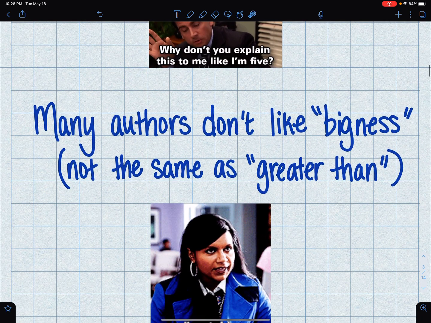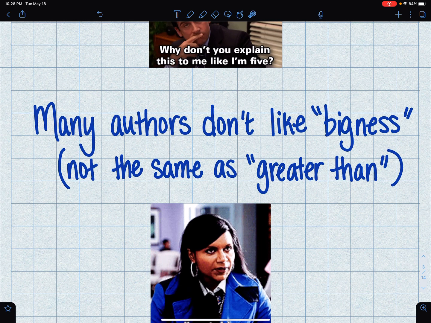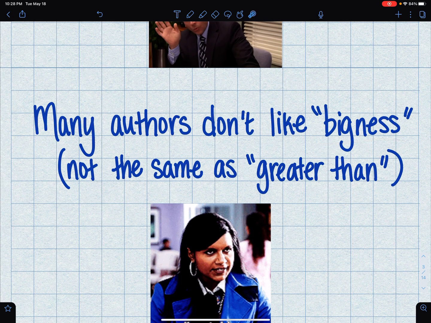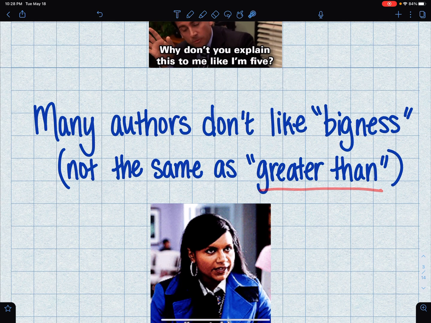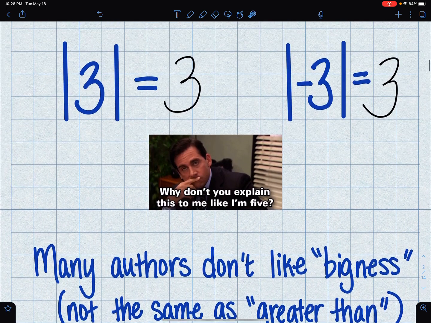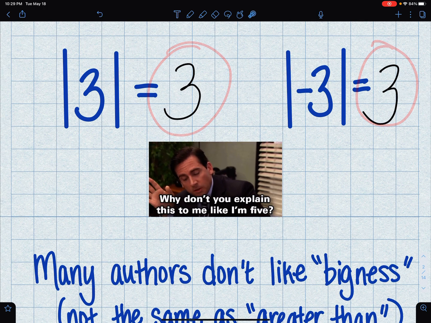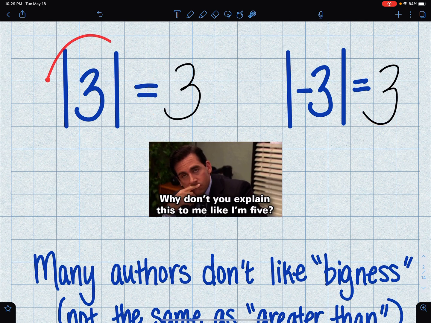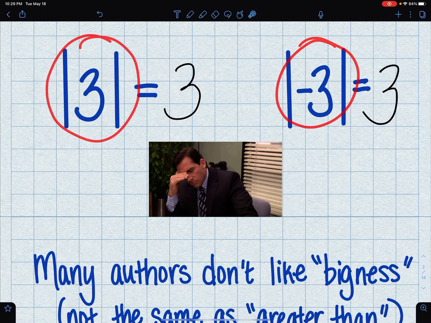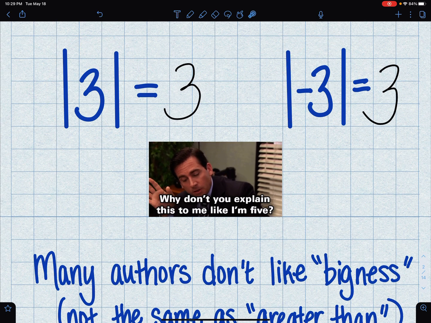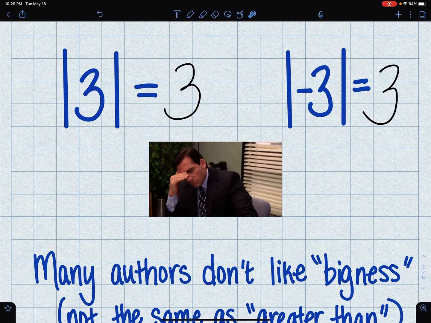They make the point that some authors don't really like that term, the bigness or the magnitude, because that makes it seem like you're talking about greater than. And when you're talking about absolute values, the absolute value is actually equal. It's not like one of these is greater than the other, because their magnitude in a way is the same.